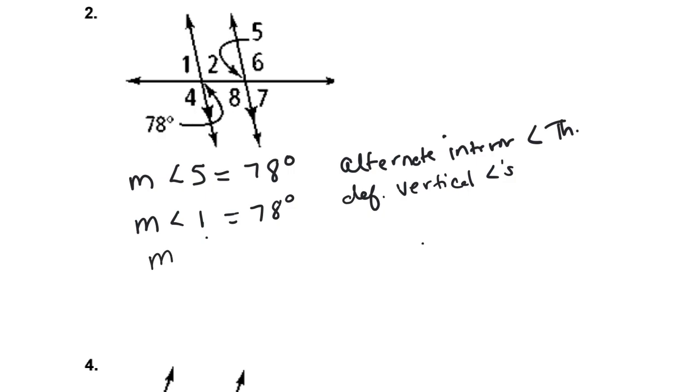We know that the measurement of angle 4 is equal to 102. Linear pair. Remember, we know that linear pairs are supplementary.